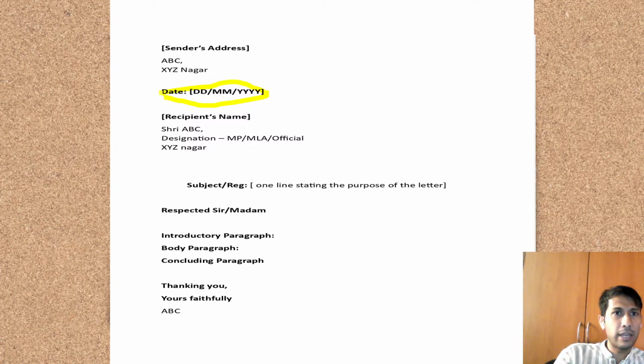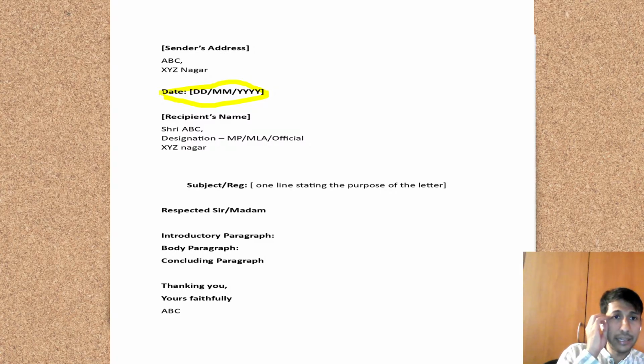Same for the locality, XYZ Nagar, or XYZ newspaper. Let's say you are writing to a newspaper editor: XYZ newspaper. Let's say you are writing to a deputy commissioner: you write Shri ABC, Deputy Commissioner, or District Collector, or Superintendent of Police, XYZ Nagar or XYZ newspaper. Based on that, you change it.